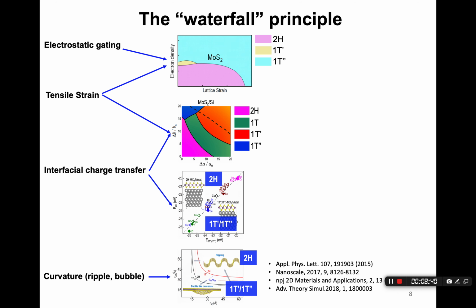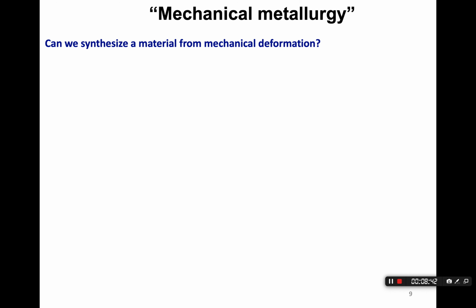So let me give you a little bit more information about how exactly it happens, since 2 of these 4 state variables are related to mechanical deformation, right? So let me tell you the concept of mechanical metallurgy. This is not really a very new concept, even though recently a lot of people have started talking about it.